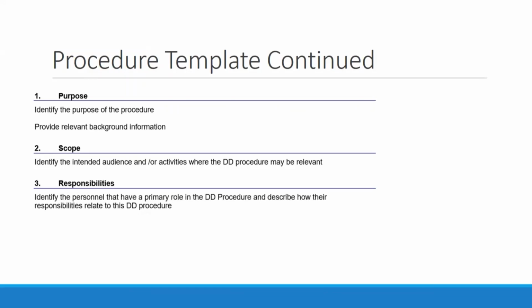Your scope is just who does this procedure or what activity or type of waiver, depending on what kind of procedure you're drafting, does this apply to. So if there are ones that have exceptions, let's say that this is a procedure that only applies to self-directed services team members, a self-directed support coordinator, then that's what you would want to include there.